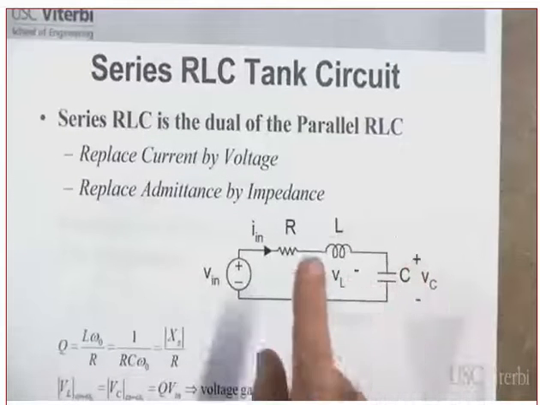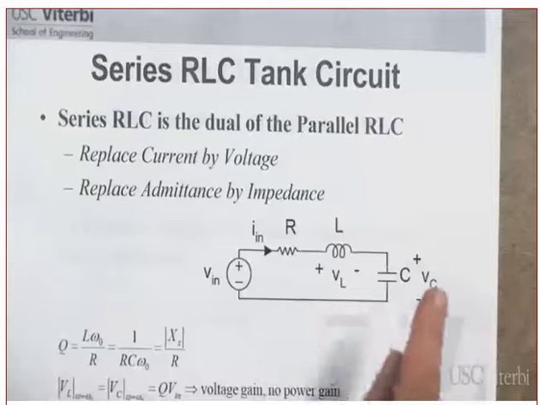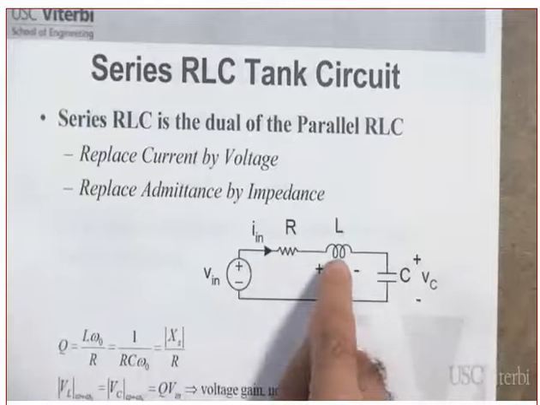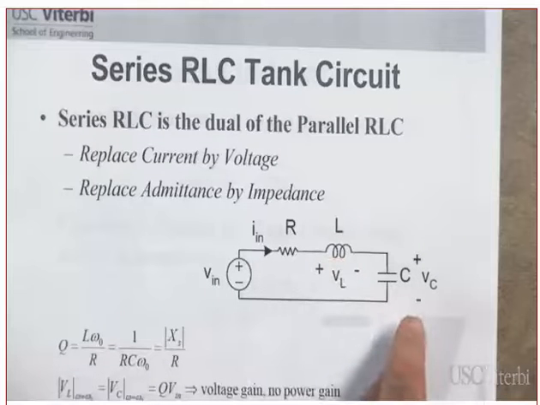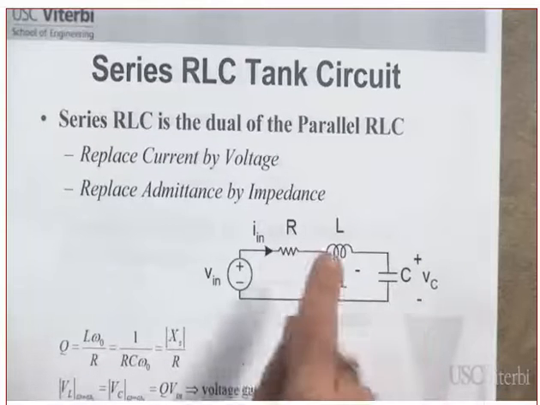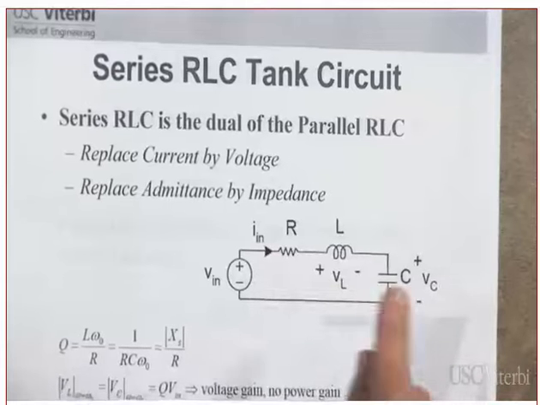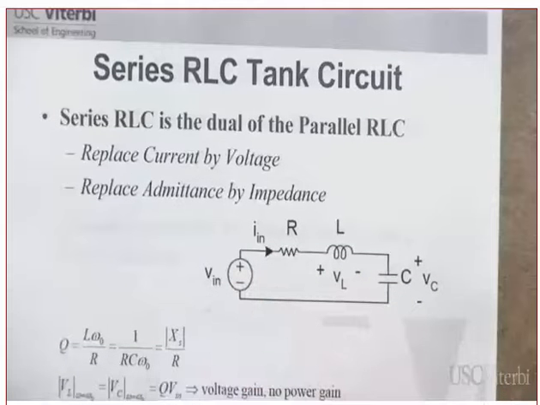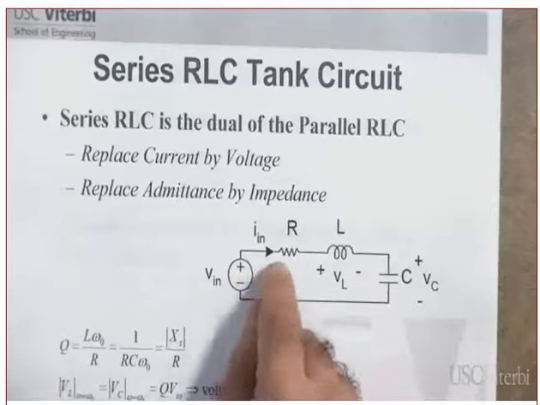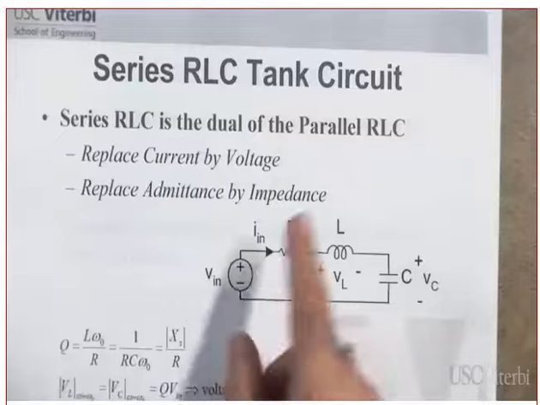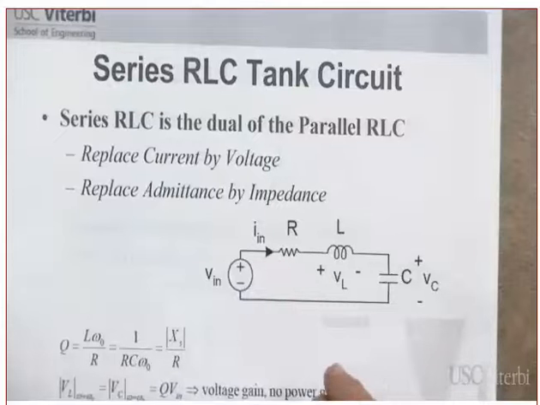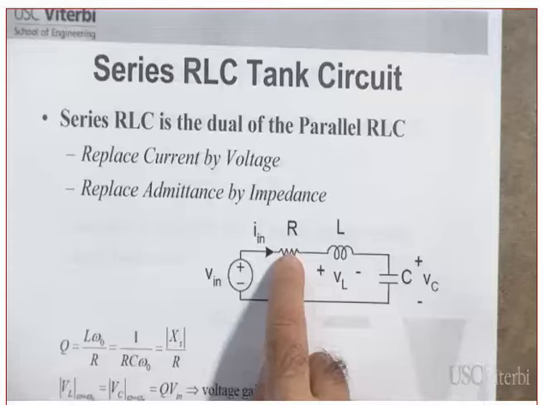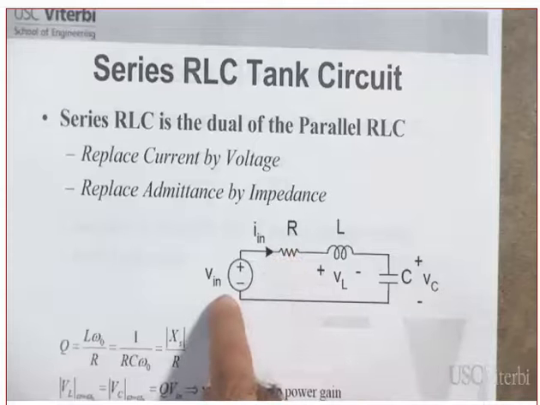We saw that at resonance, the voltage across the inductor or across the capacitor, not across both, across each one of them is much higher than the voltage across the resistor. By the way, how much is the voltage across the resistor at resonance? The voltage across the resistor is Vin. Did you get this or not?